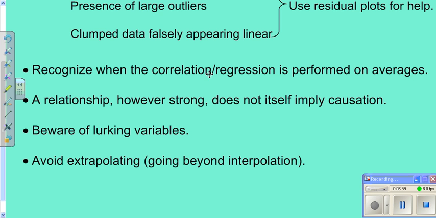Also be aware when you're using averages, and be aware that a strong relationship does not necessarily mean one implies the other, or that there's causation. And beware of lurking variables. And then you never want to extrapolate. Extrapolating is when you're trying to make predictions beyond the range of your data.